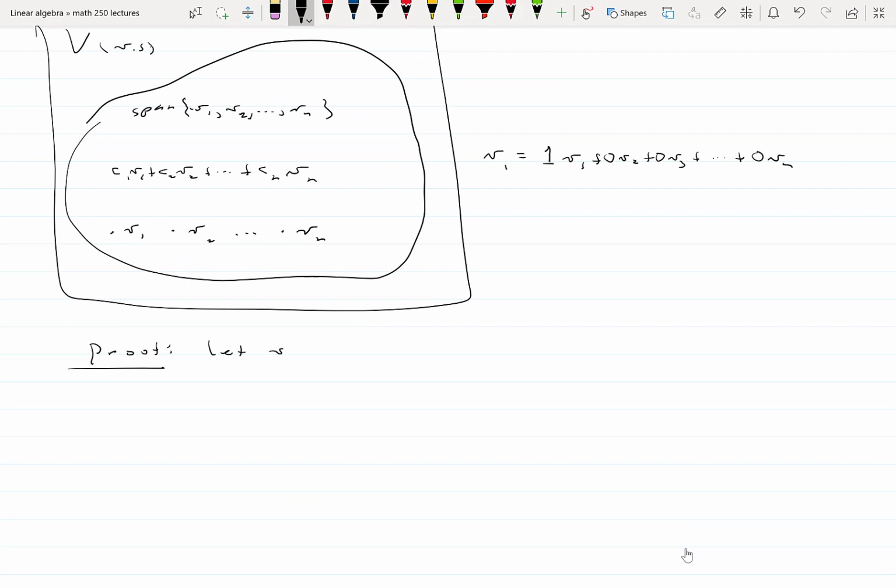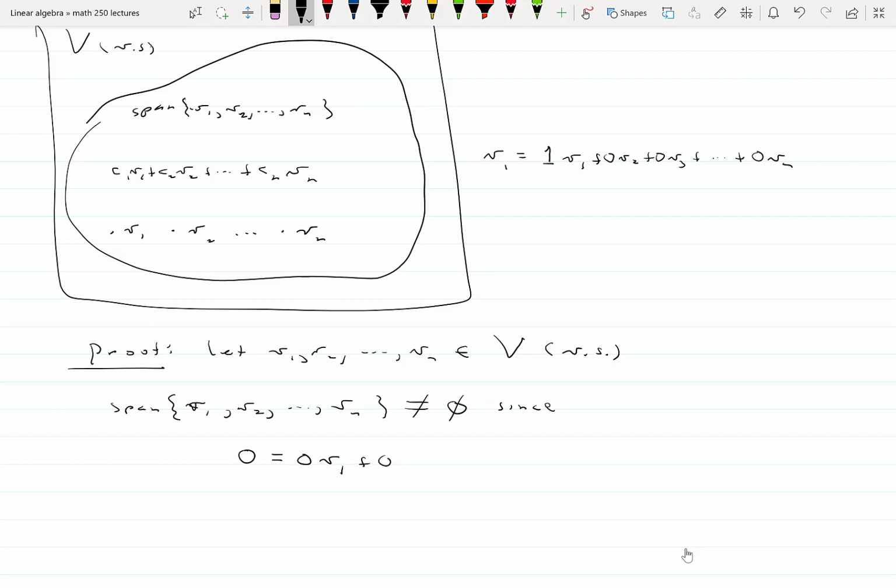So we start out with: let v1, v2, all the way up to vn be in V, a particular vector space. For a subspace we need a non-empty subset, so the span of v1, v2, all the way up to vn is not empty, since the 0 vector, which is 0 times v1 plus 0 times v2 plus dot dot dot, is just a linear combination.